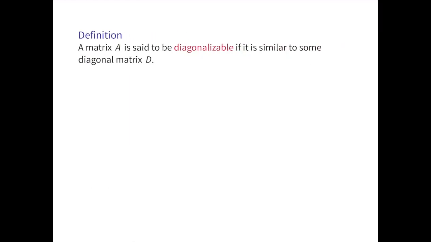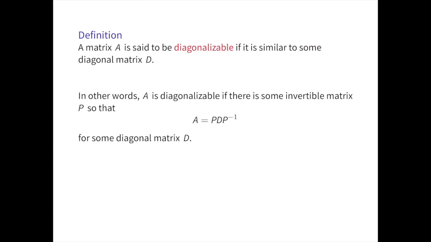A matrix A is said to be diagonalizable if it is similar to a diagonal matrix D. In other words, A is diagonalizable if you can find an invertible matrix P so that A is equal to P times D times P inverse, where D is a diagonal matrix. So we're still talking about this idea of two matrices being similar, but the only thing we're doing now is that we're restricting to the case where one of those two matrices is a diagonal matrix.